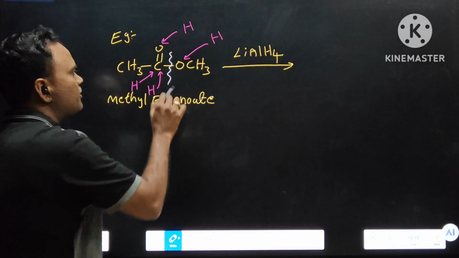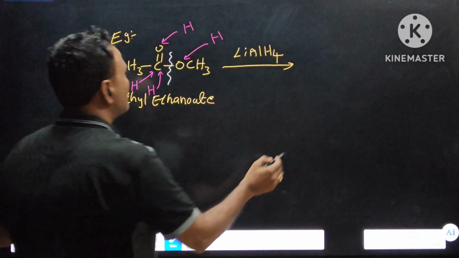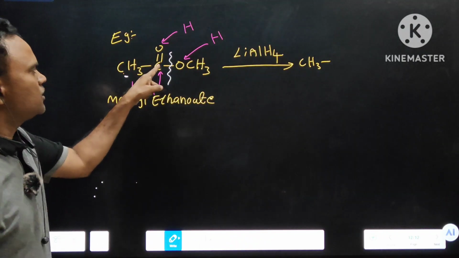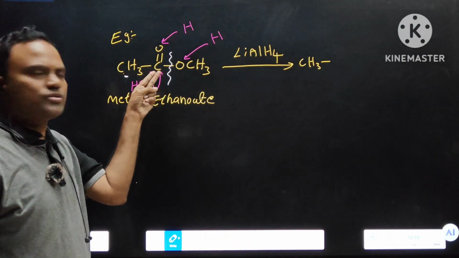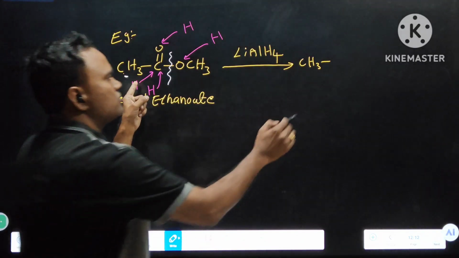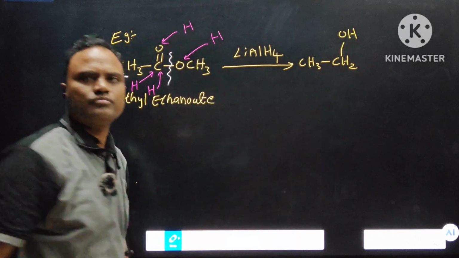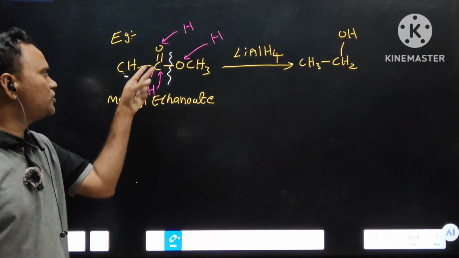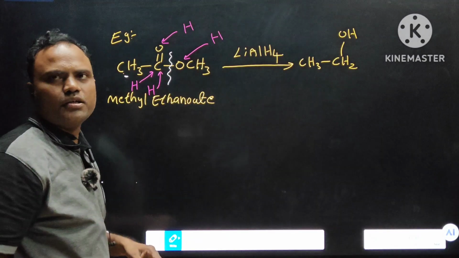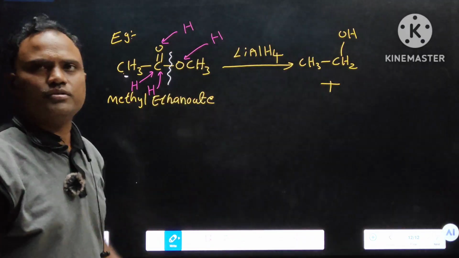Then the product is CH3, see, this carbon is getting 2 hydrogens and OH, and this bond is going to break, so plus CH3OH.